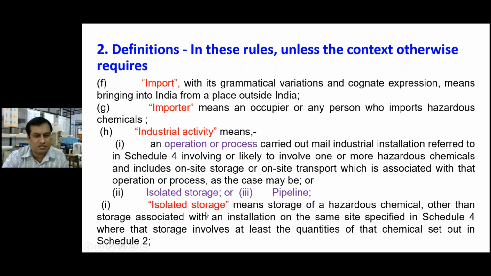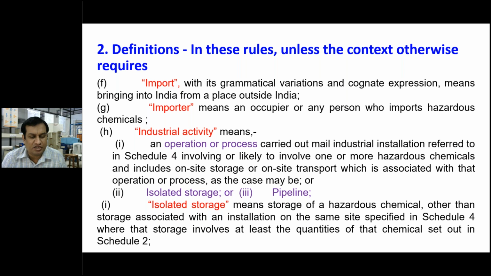Then isolated storage means storage of hazardous chemicals other than storage associated with an installation on the same site specified in schedule 4, where the storage involves at least the quantities of that chemical set out in schedule 2. So in these schedules, the list of hazardous chemicals is given with the threshold quantity.